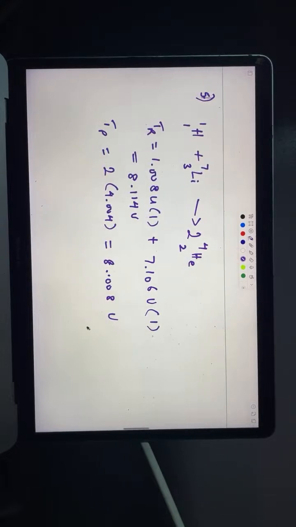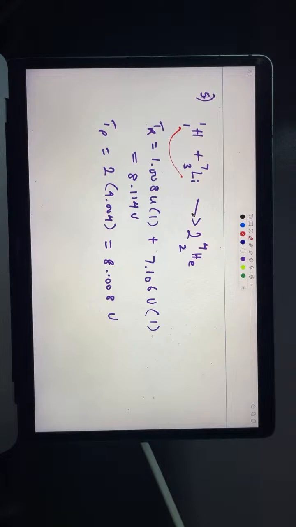So we notice that this particular reaction is a nuclear fusion reaction, because 2 things are coming together to give us 1. In fact, all the calculation I just did, I did it so that you can check what is going on.